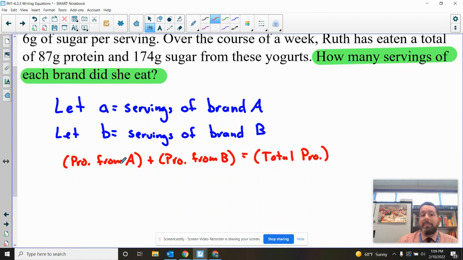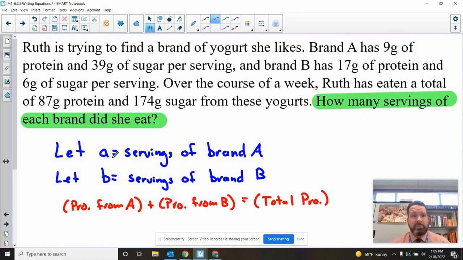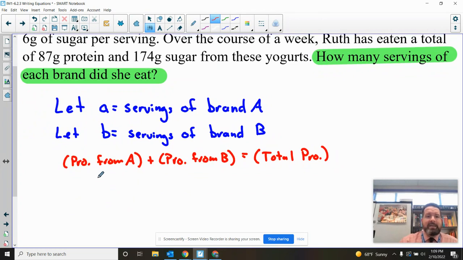The total amount of protein from brand A, well, if I ate one serving, it's going to be 9 grams. 2 servings is 18 grams. 3 servings would be 27 grams. It's just 9 times the number of servings I have. So it's going to be 9 grams of protein per serving times the number of servings. That's just 9A.